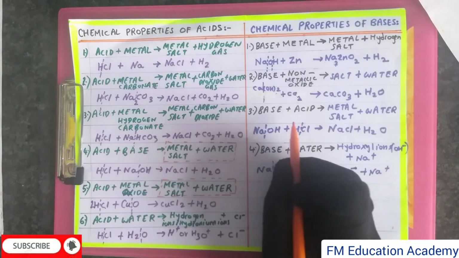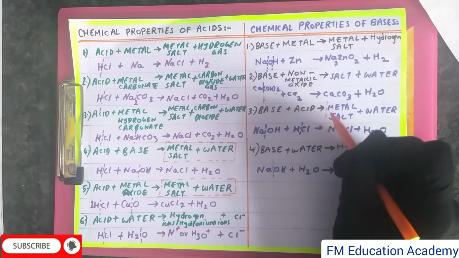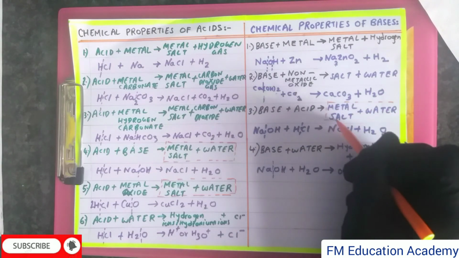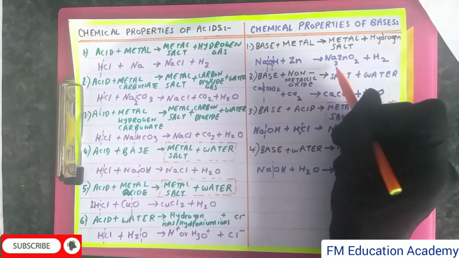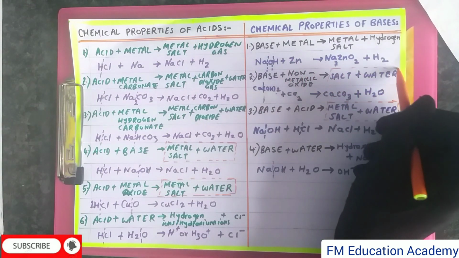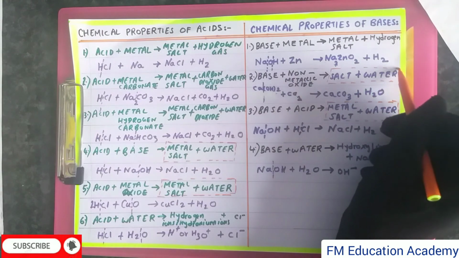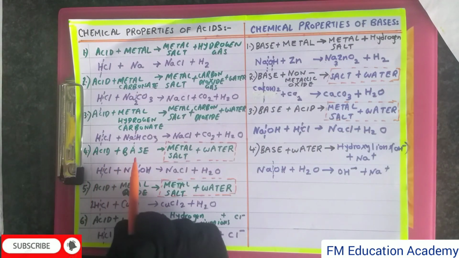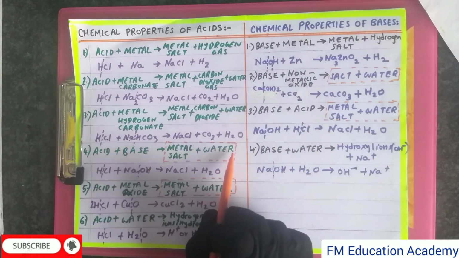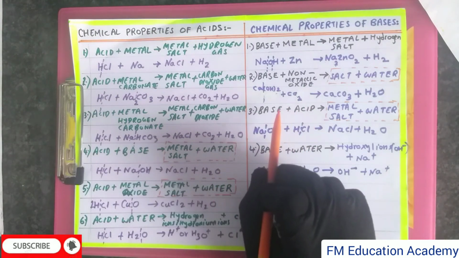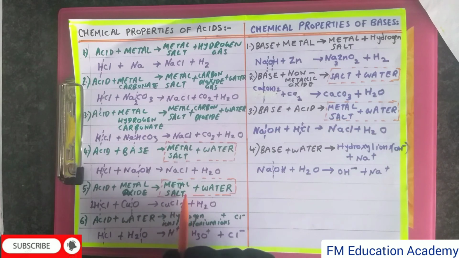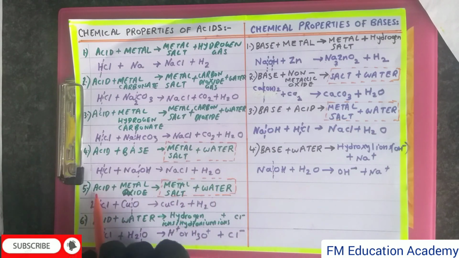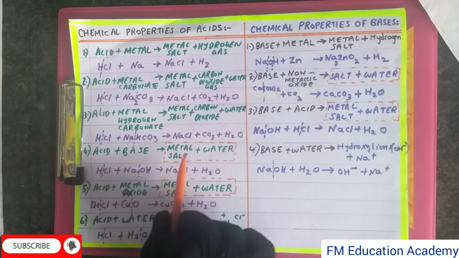And when a base is reacting with a non-metallic oxide, salt and water are released. So remember, when an acid reacts with a base, a metal salt and water are released, and when a base is reacting with an acid, a metal salt and water are released. As the products are metal salt and water, it means that when an acid reacts with a base, it will give salt and water.